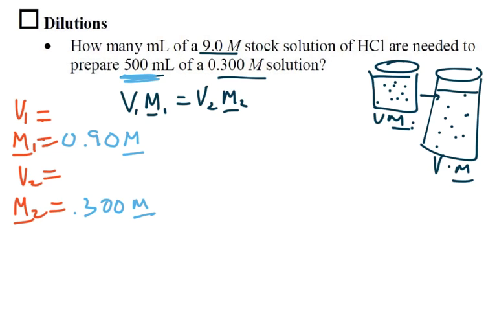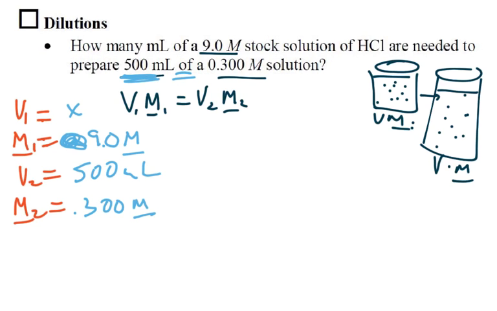Okay, and the word of is a good clue here. So 500 milliliters of 0.3, then I know that the 500 milliliters goes with the 0.3. So I'm looking for my first volume.